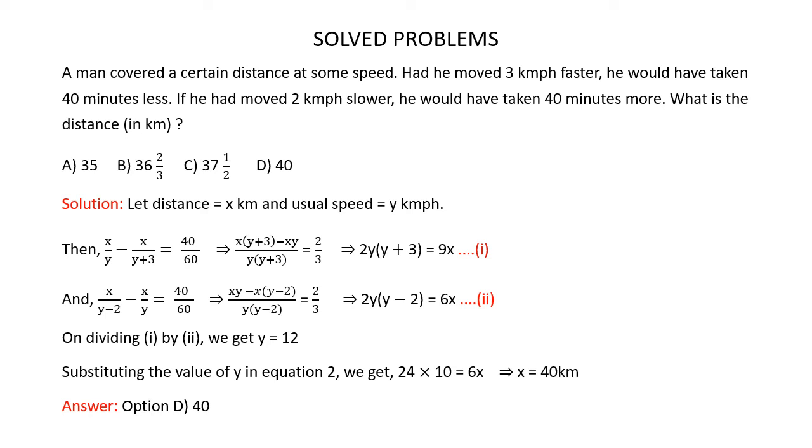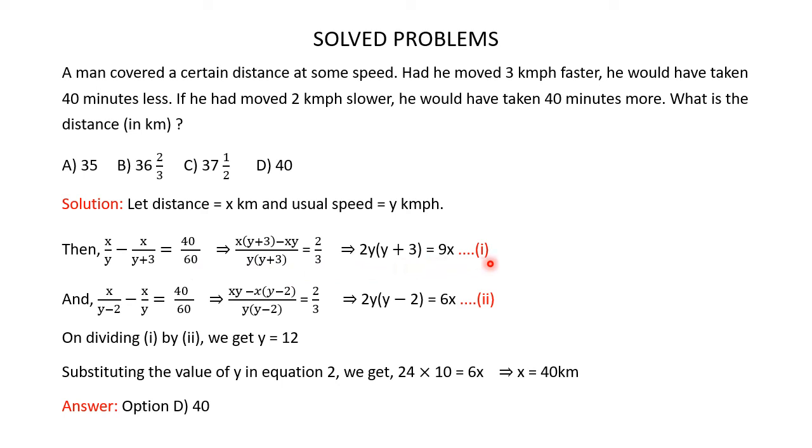It's given had he moved 3 kilometers per hour faster, he would have taken 40 minutes less. 40 minutes is nothing but 40 by 60 hours. So x by y minus x by y plus 3 is equal to 40 by 60. On simplifying this equation, we get 2y multiplied by y plus 3 is equal to 9x.